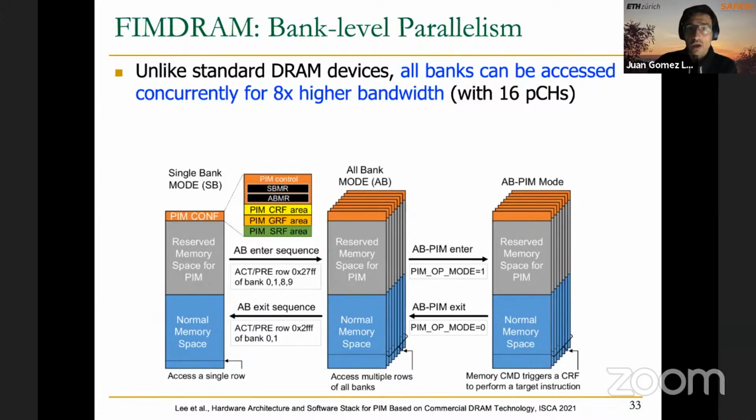In total, we can exploit up to 8 times higher bandwidth than if we use the conventional operation mode of the HBM memory. One interesting observation here is that even though we have 16 of these pseudo channels, we don't obtain 16 times higher bandwidth, but only 8 times higher bandwidth.